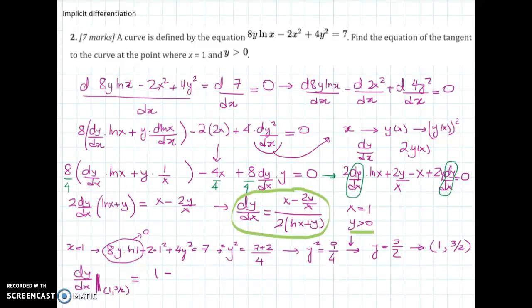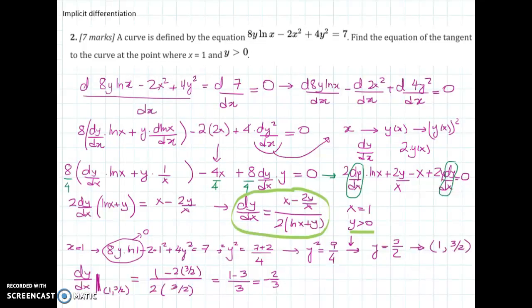We're going to get 1 minus 2 times 3 over 2 divided by 1, so I won't bother to write it, over 2 times logarithm of 1, that's 0, so plus y with this 3/2. So this is 1 minus 3 over 3, so this is minus 2/3, which somehow matches the idea we had from the picture.